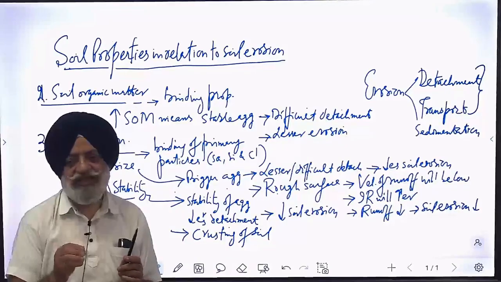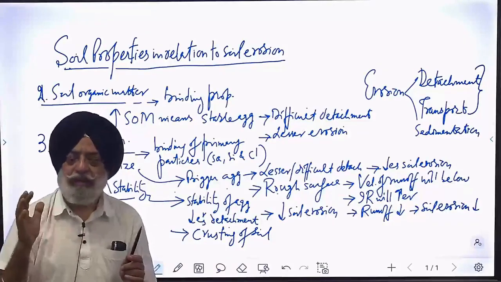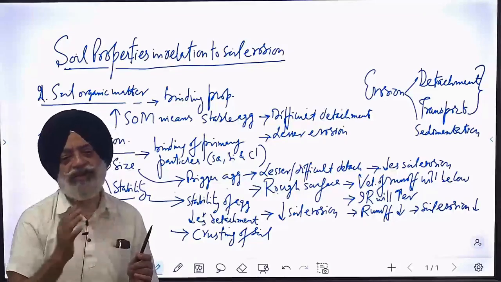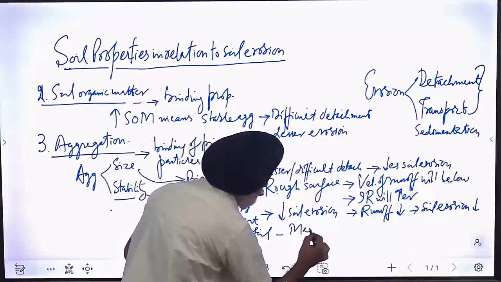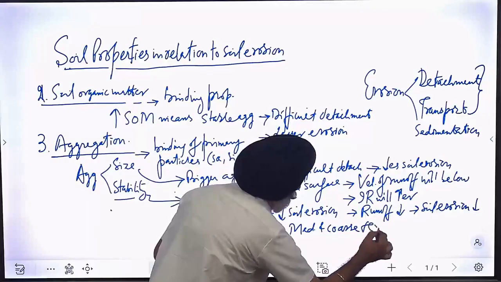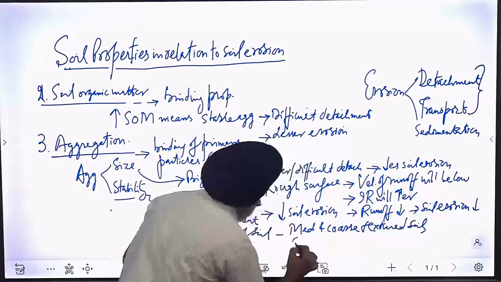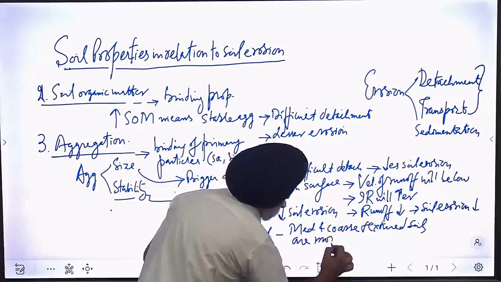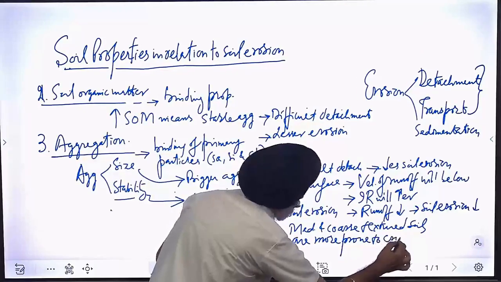Now, which soils will be more prone to crusting? Medium and coarse textured soils are more prone to crusting.